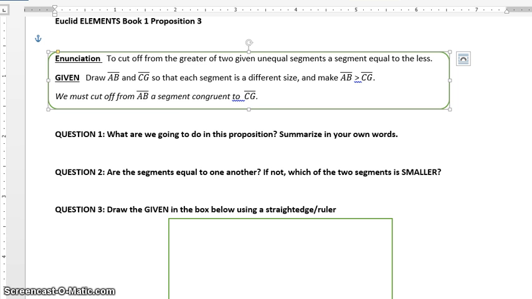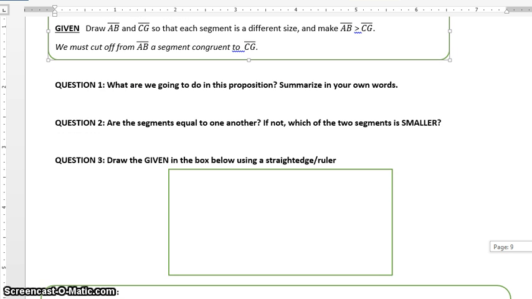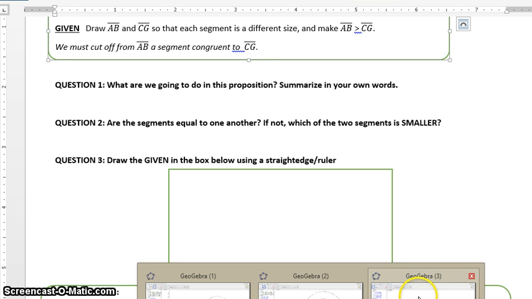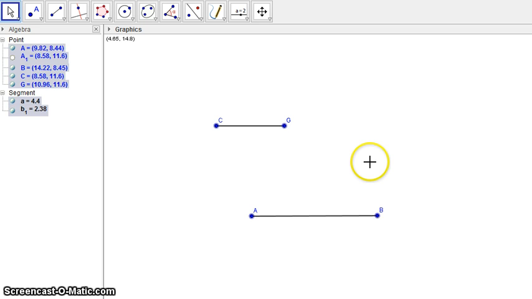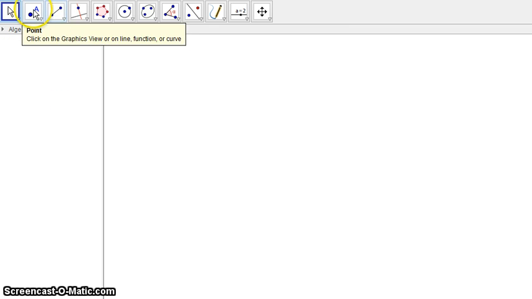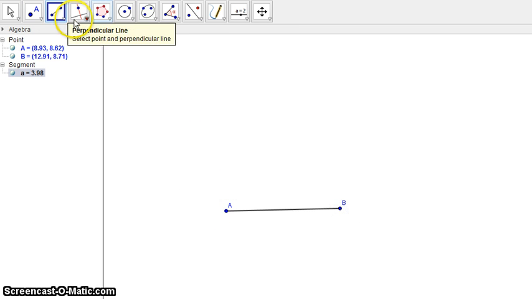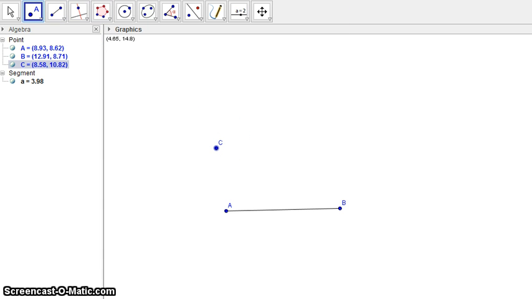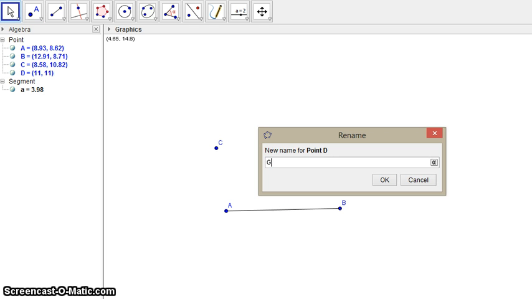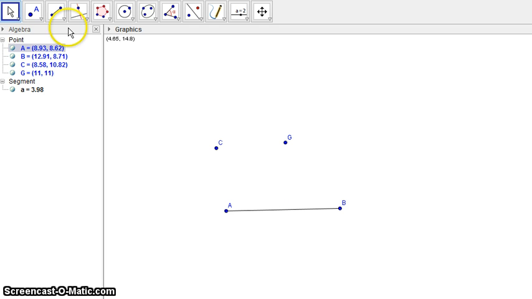For question 3, you need to draw the given in a box using a straight edge and a ruler. You're going to draw point A, point B, and connect them. Then you're going to draw another point labeled C and another point labeled G and connect them.